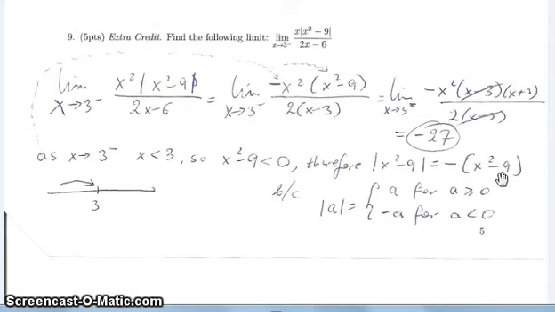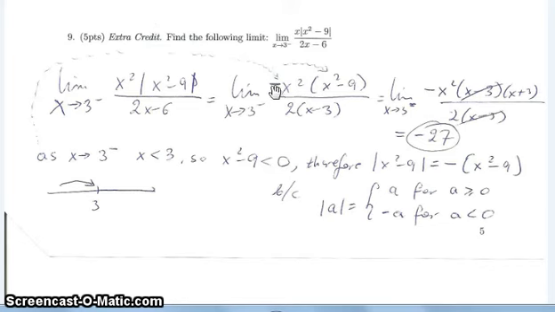So if x squared minus 9 is a negative expression, then I destroy that negative by multiplying it by negative 1. As per the definition of the absolute value, the absolute value of a is negative a for a smaller than 0. So my absolute value in the original function changes into negative times x squared minus 9.